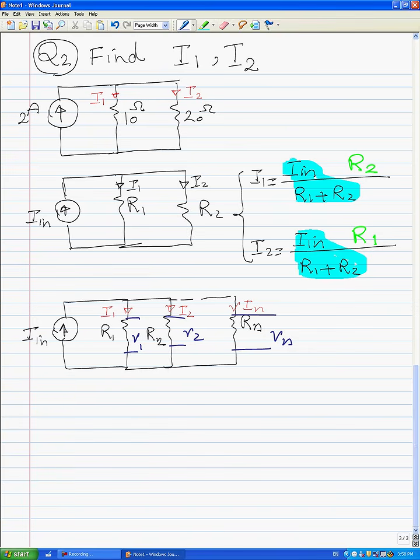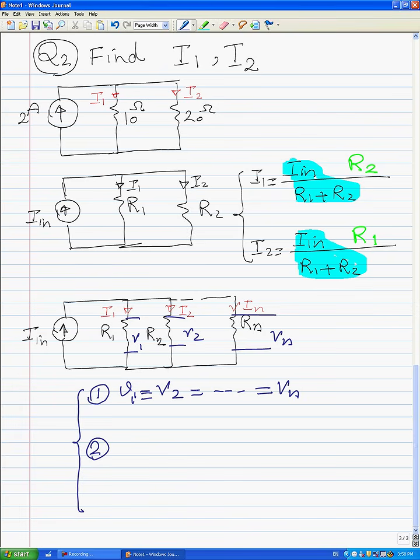As you know, 3 important rules support any parallel circuit. Rule 1 says we have the same voltage, which means V1 is equal to V2 and is equal to Vn.